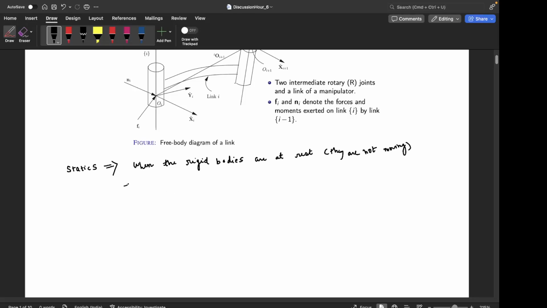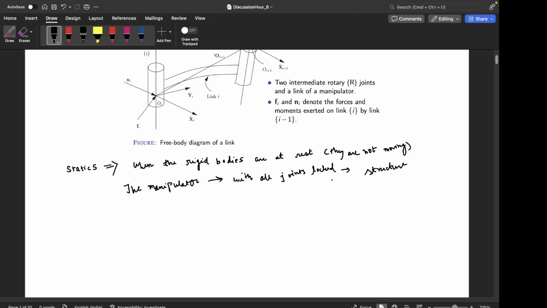So basically, in the case of manipulators, it will be with all joints locked, and then it becomes a structure, right?